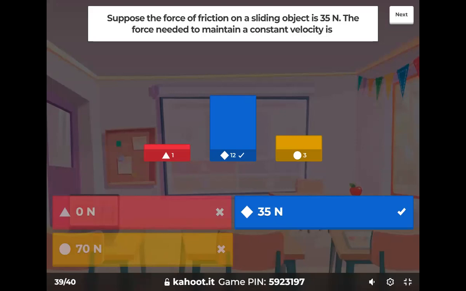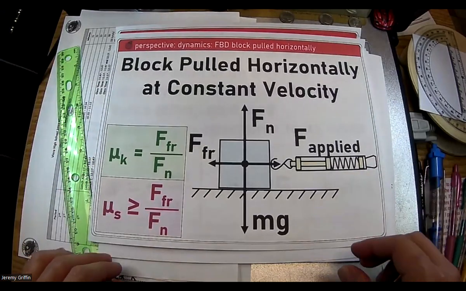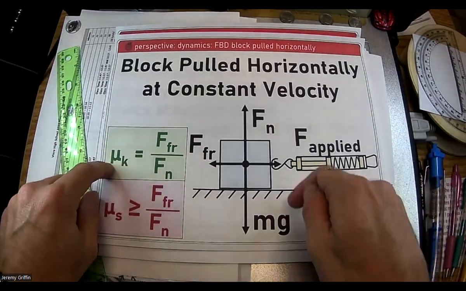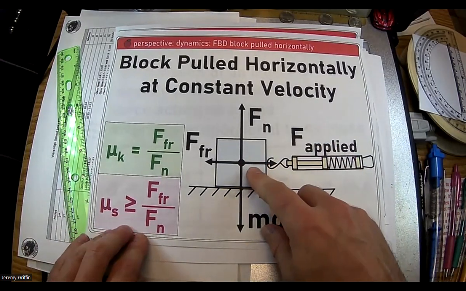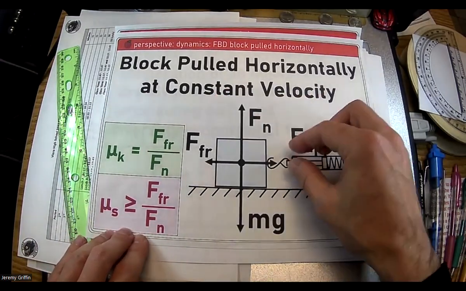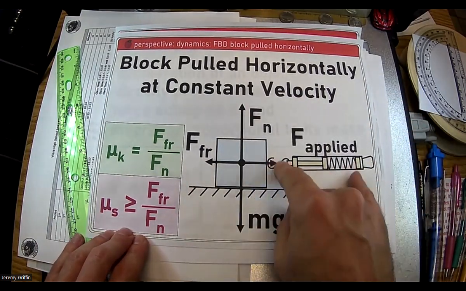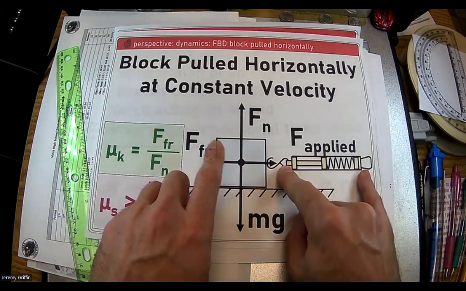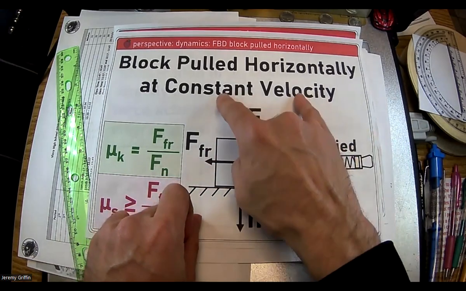Now that is this right here. One of your labs had you figure out the coefficient of friction using this particular method. So constant velocity, that's equilibrium, which means all the forces balance. These two forces balance, these two forces balance. So if your spring scale is reading 35 newtons, that tells you the friction force must also be 35 newtons, as long as it's constant velocity.